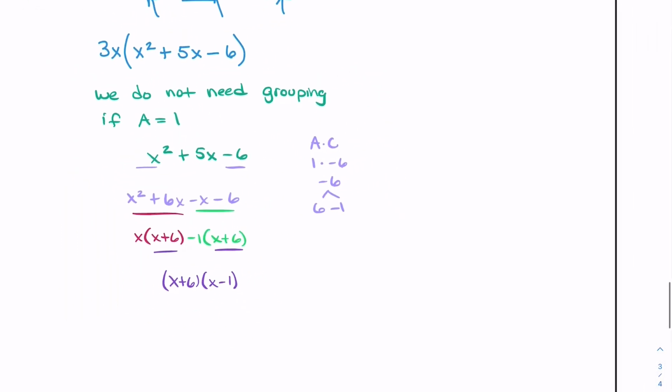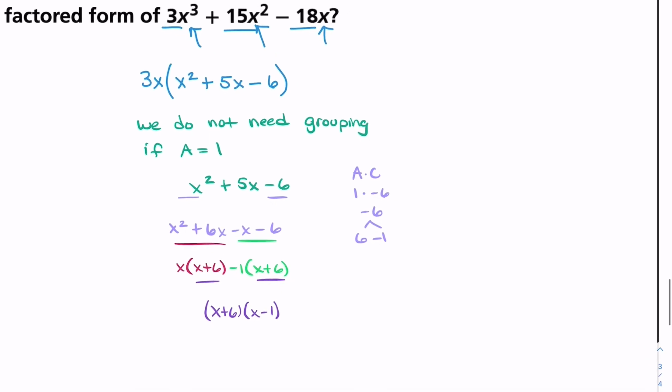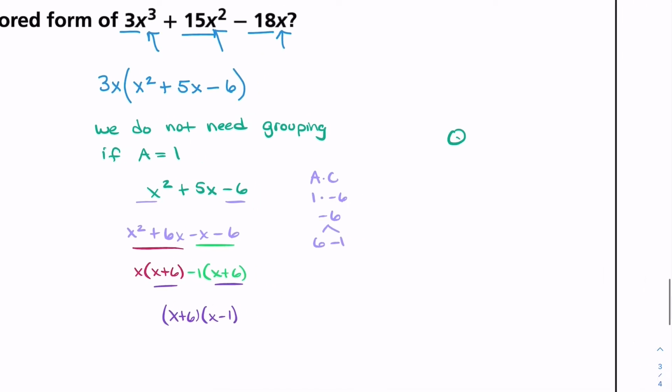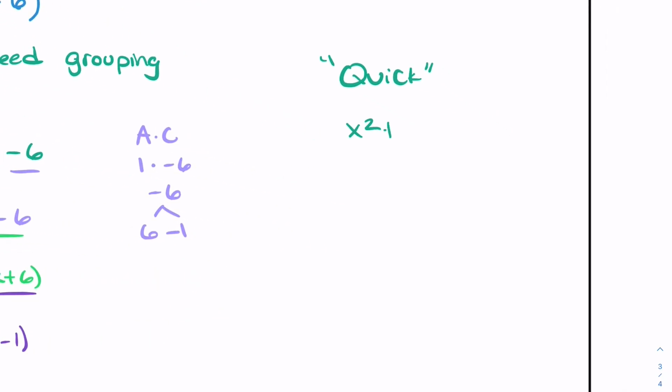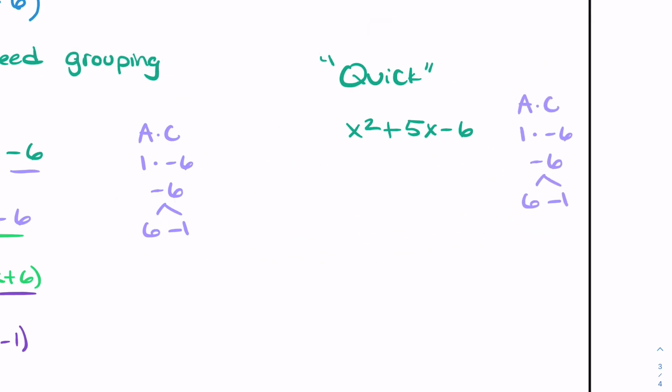Even if you want to do it by the quick factor by grouping, you have x squared plus 5x minus 6. You still have the same a times c, and then the a is 1. So a is 1, which factors into 1 and 1, which means you divide both of these by 1, and you still have your 6x and -1.